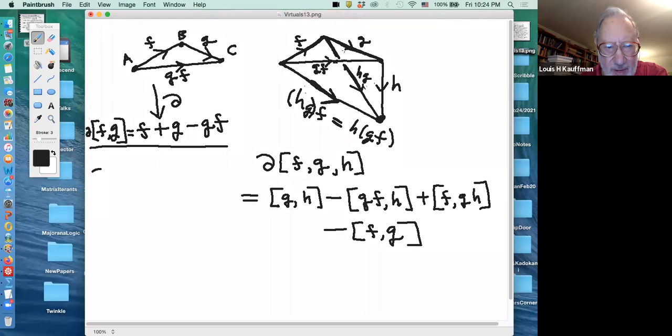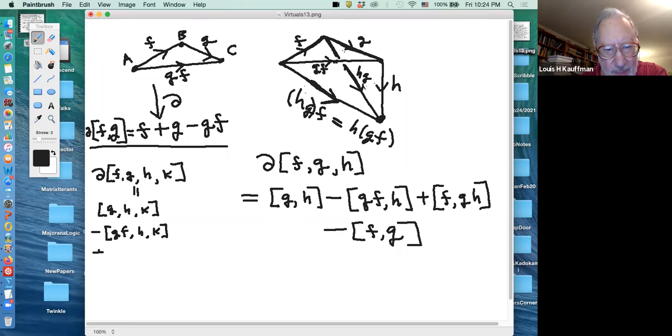So what would it be if there was more? We won't write out the picture, but suppose there was an F and a G and an H and a K, then in terms of the composition of the maps, we would drop the F, so we get GHK. Then we get minus, and we would be composing, so that would be GF HK.